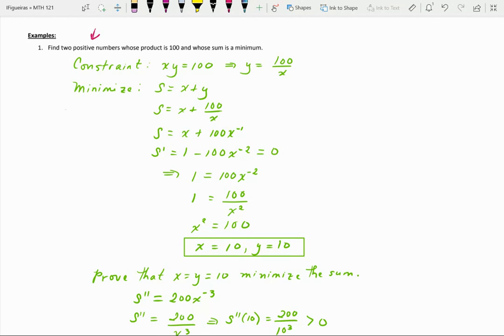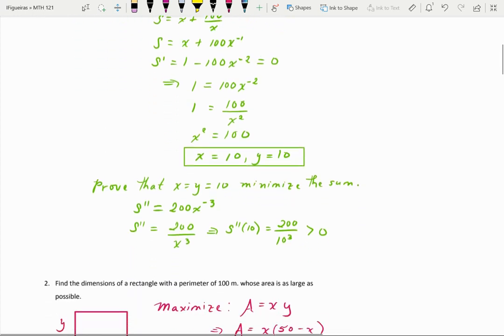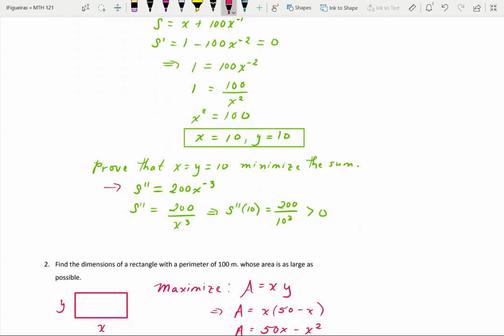All right, so let's see. I take s double prime. So I have s double prime is equal to 200 x to the negative 3. And now I want to find out what is my value of s double prime at x equal to 10. So you plug that in here. And at 200 over 10 to the third power, well, that is definitely a positive number.